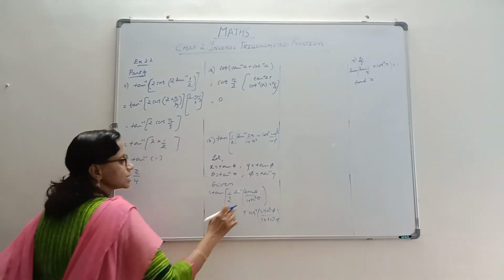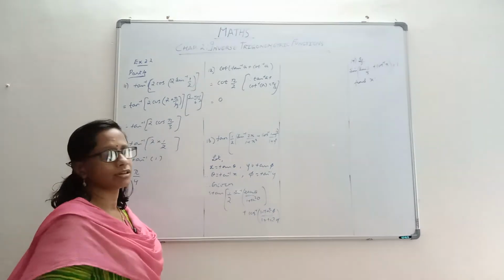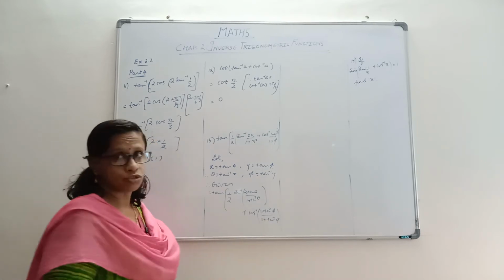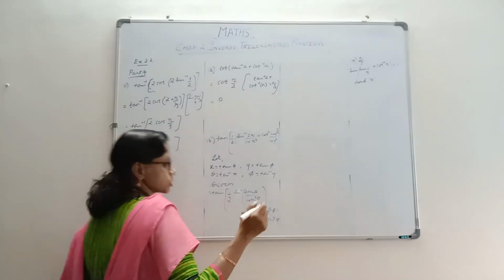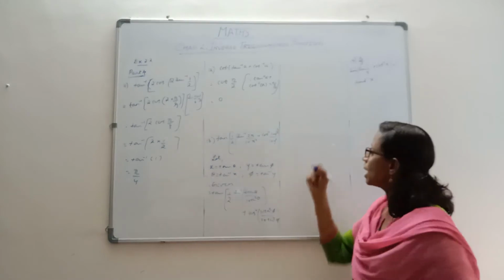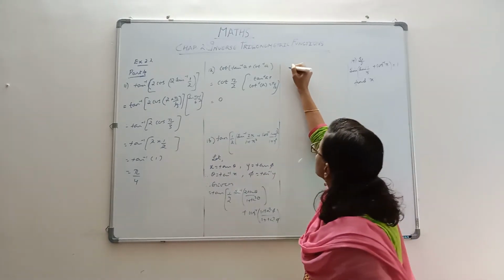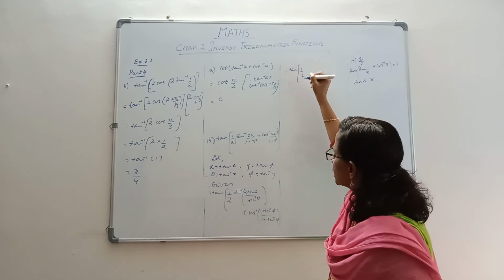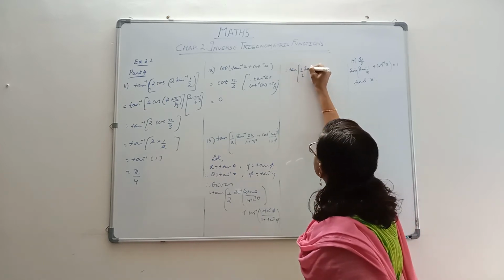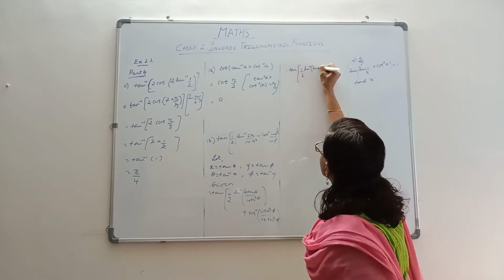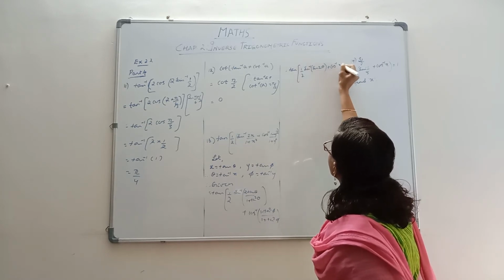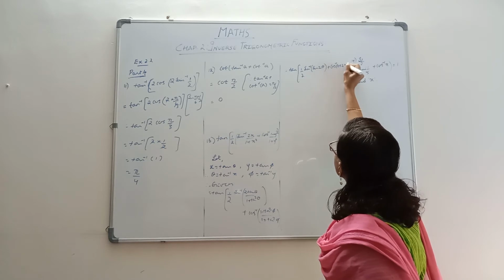Now incidentally, these are also formulae for sine 2 theta and cos 2 phi. So that is why we can make that substitution. Instead of writing this, there's no harm in using the formula. This is further equal to tan half of sine inverse of all that. This is actually the sine 2 theta formula also. And this is the formula for cos 2 phi also.